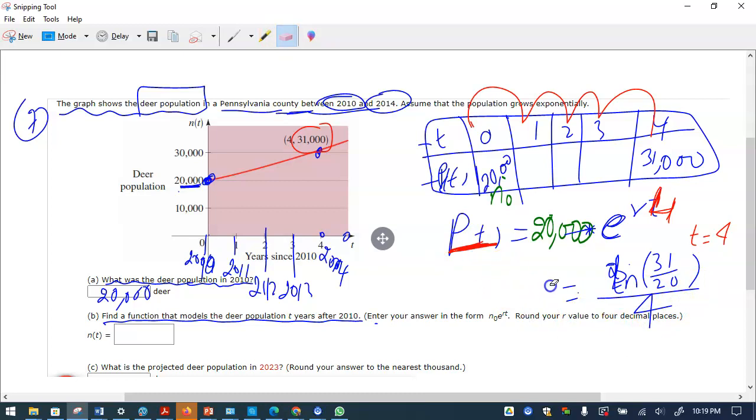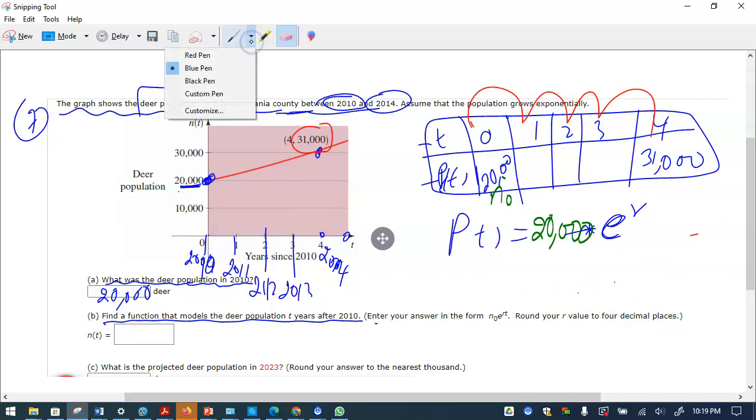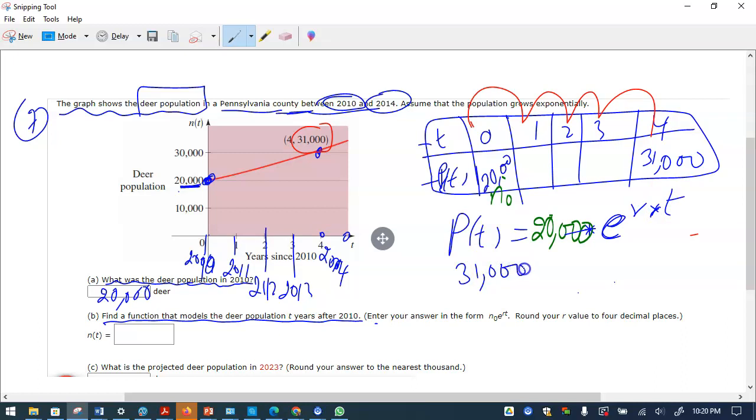But let's see exactly how we got this. This one is 4, so let's put the t there. So 31,000 equals 20,000 times e raised to r times 4, where r is the relative growth rate we need to figure out.